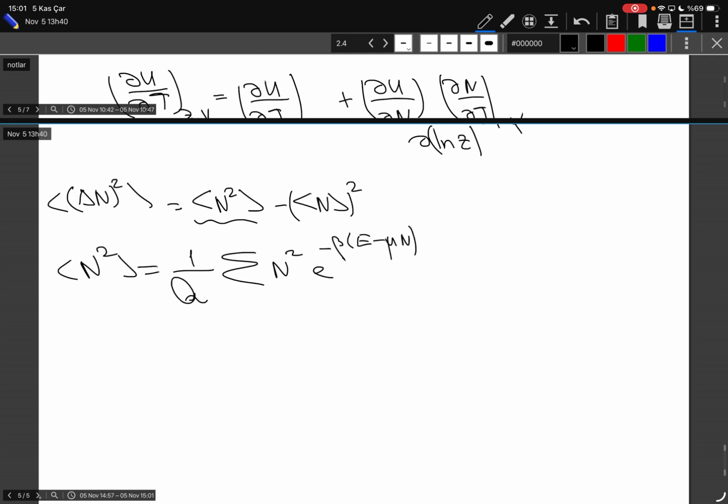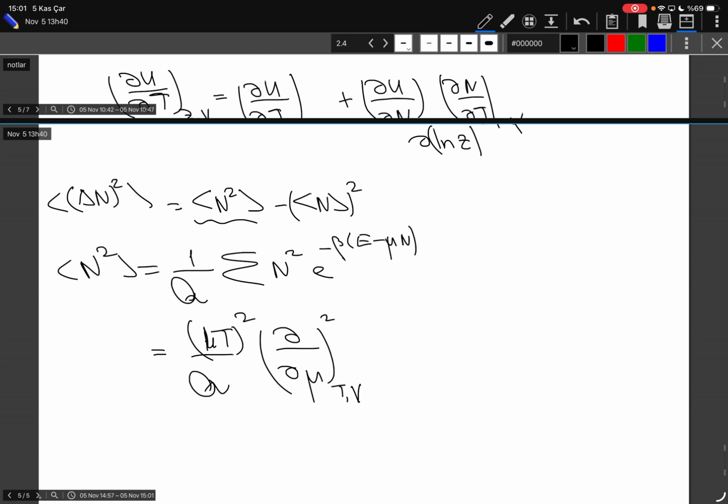Well, if I take the derivative of that exponent with respect to mu twice, of course, when I'm taking the derivative with respect to mu, I'm keeping t constant and v constant. Every derivative with respect to mu will bring a factor of beta n. So this derivative will just give me a beta squared n squared. I don't want the beta squared, I only want the n squared, so I have to multiply this by kt squared. This is what I want.